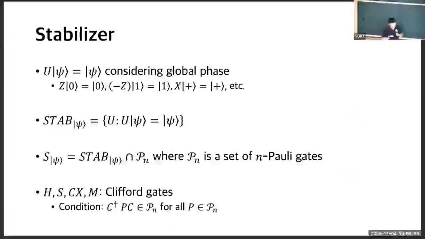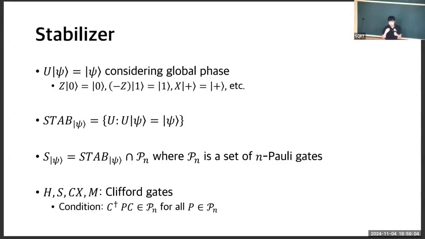Stabilizer simulation involves stabilizers, of course, and a stabilizer is a gate specific to a state that satisfies U psi equals psi. Considering global phase, like Z on 0 would be 0 and minus Z on 1 would be 1, like that. And the set of stabilizers would be the set of stabilizers about that phase.